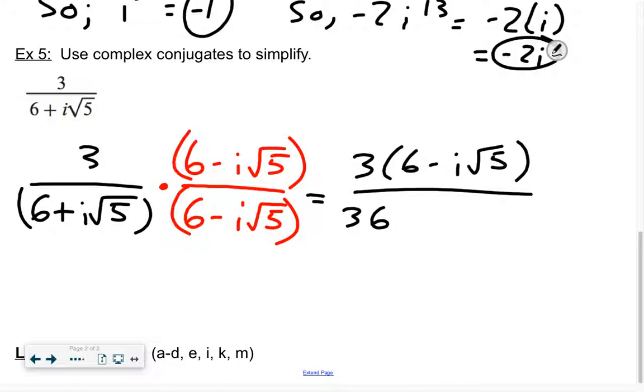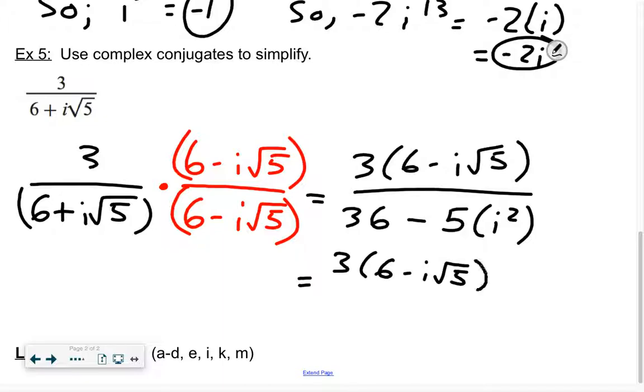Positive times negative will be negative. Square root of 5 times square root of 5 is 5. And then i times i is i squared. What's i squared equal to again? Negative 1. So negative 1 times negative 5 gets me positive 5, or plus 5.